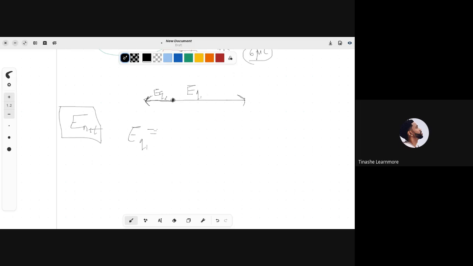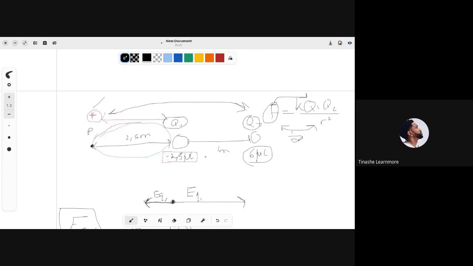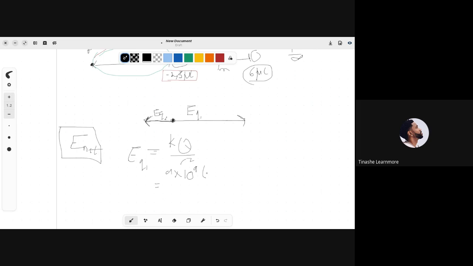So once again, the formula says E equals kQ over r squared. Then I'm going to substitute Coulomb's constant, which is 9 times 10 to the ninth. And then the charge of Q1 is given to be negative 2.5 microcoulombs. So here I do not, once again, have to worry much about the signs.